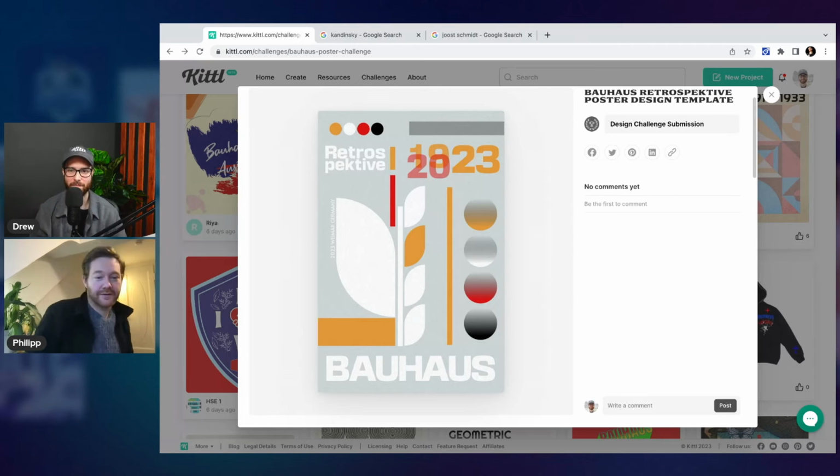Gradients for this topic is not right for the topic. It looks good, but Bauhaus didn't have any gradients. If you can show me otherwise, please do. Coming from what I know, there is nothing like a gradient in Bauhaus. So this is more like a contemporary approach.